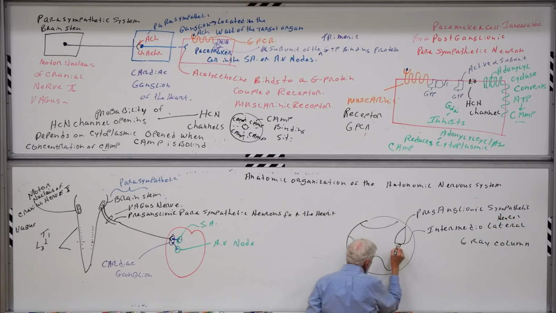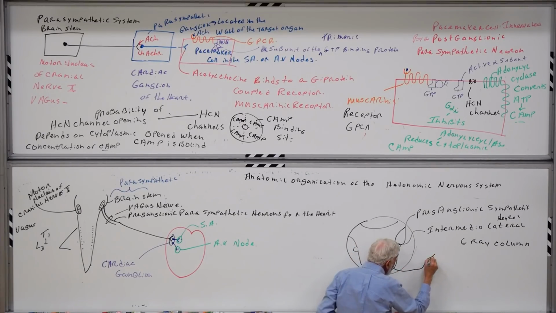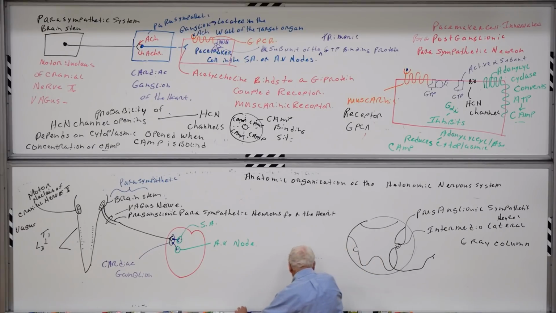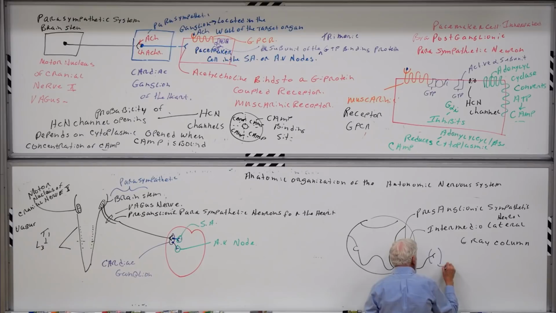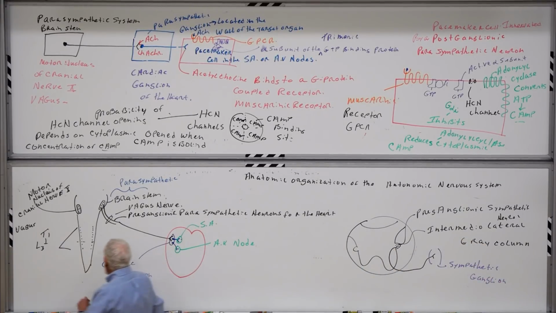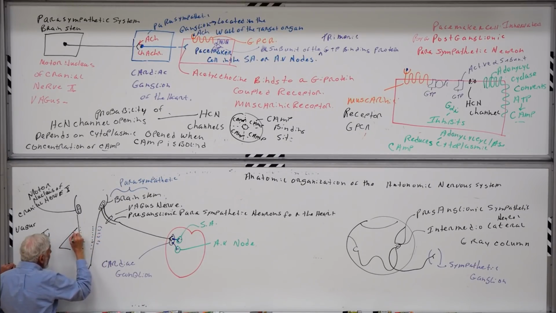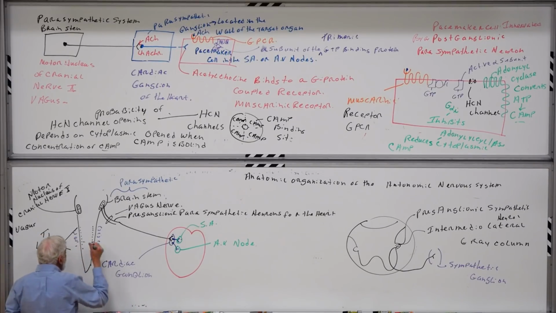If we follow these processes, they extend down into the gray matter, come out through the ventral horn, come out through the ventral root, take a circuitous route, and find themselves in a structure known as the sympathetic ganglion. Here we have the segmental sympathetic ganglia, and these preganglionic neurons form synapses in the sympathetic ganglion.